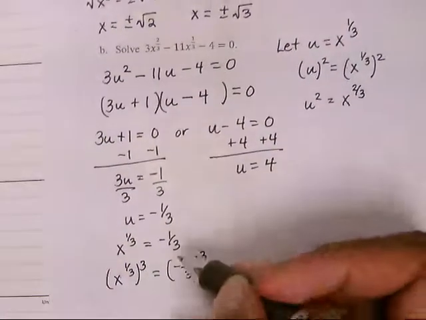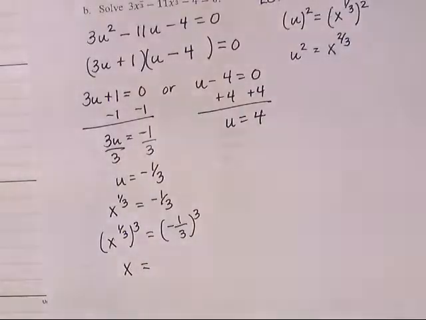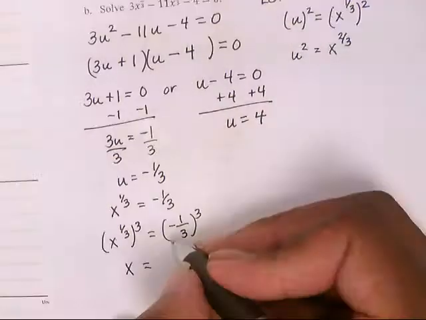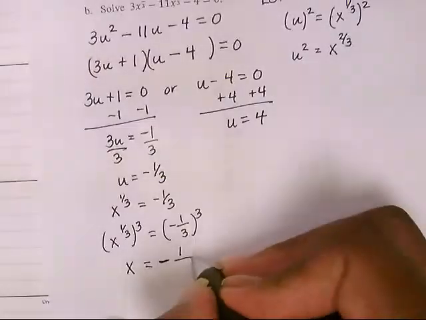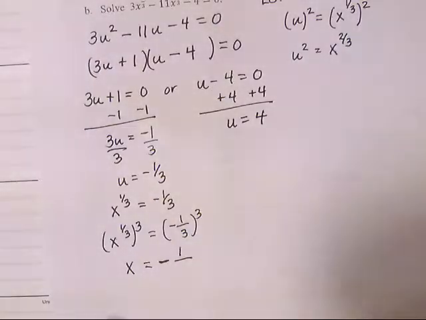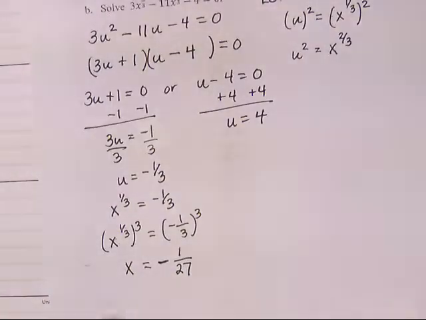Because x to the 1/3 raised to the 3rd will give me the x. And then negative 1/3 raised to the 3rd. Well, negative to an odd power is negative. 1 cubed is 1, and then 3 cubed is 3 times 3 times 3, 27. So x will be equal to negative 1/27.